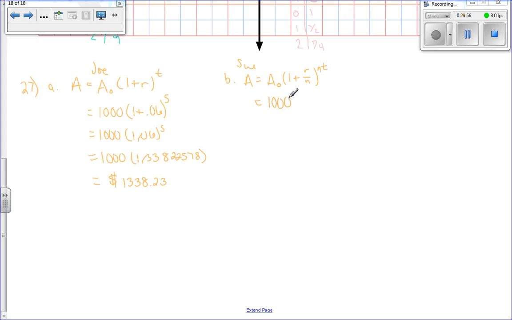Still investing $1,000. My interest rate is still 6%, except this time it's going to be compounded monthly, which means it's going to happen 12 times a year. And we're going to do this over 5 years.